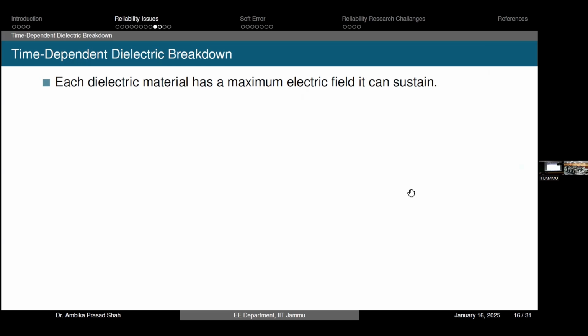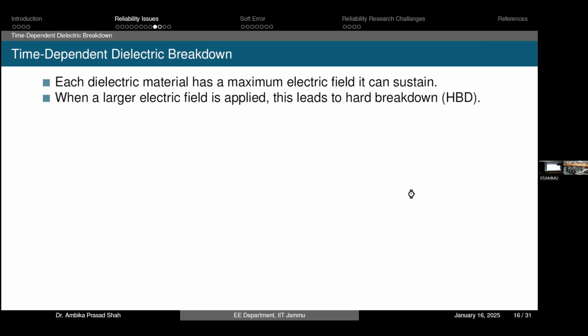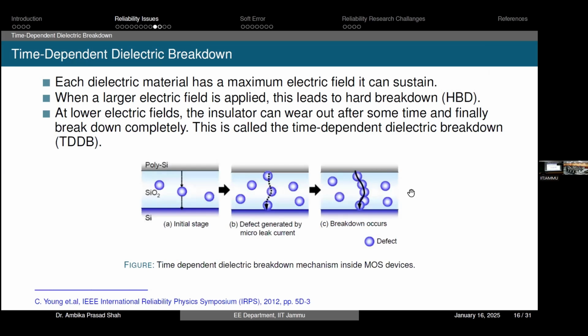That's a possibility. Okay, so what happens if there is some defect at the time of fabrication? Let us assume initially I have something like this, and there is some defect in the oxide. And with time, what happens? More defects are generated, and if more defects are generating with respect to time, they can create a leaky path, because this is the polysilicon, which is the gate, and this is the silicon substrate, which is the normal bulk one.